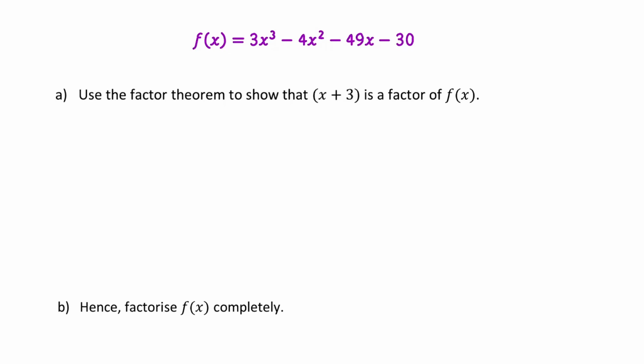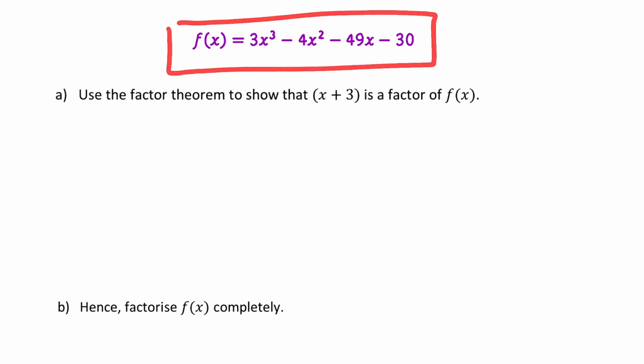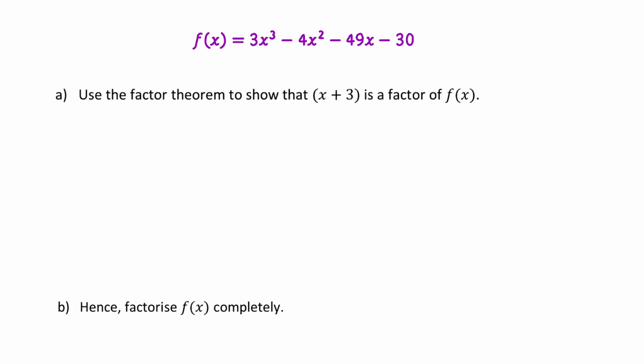In this question, we're given a cubic function, a polynomial, and we're asked to use the factor theorem to show that x plus 3 is a factor. That means we can divide f of x by x plus 3 and have 0 remainder.